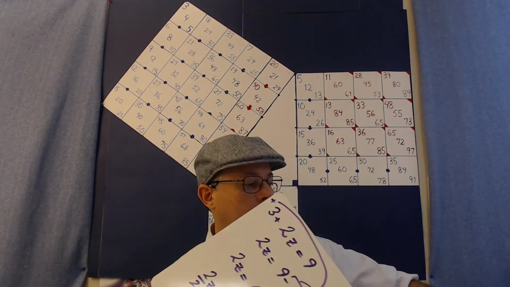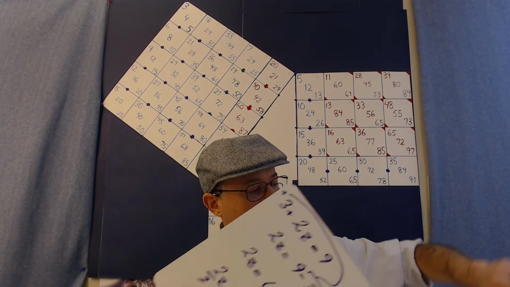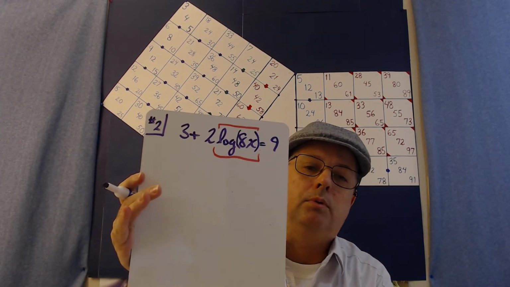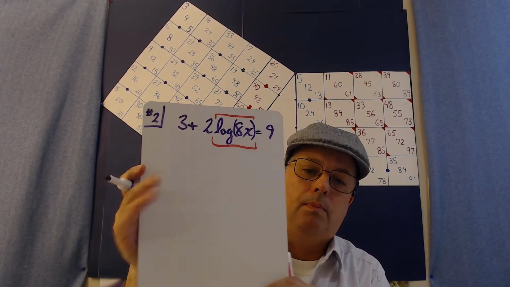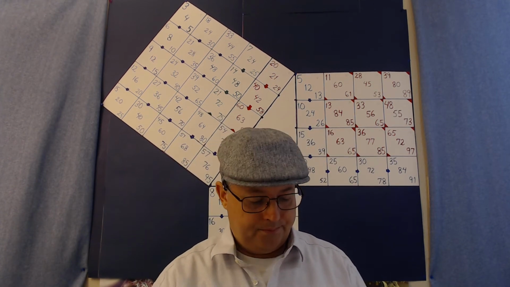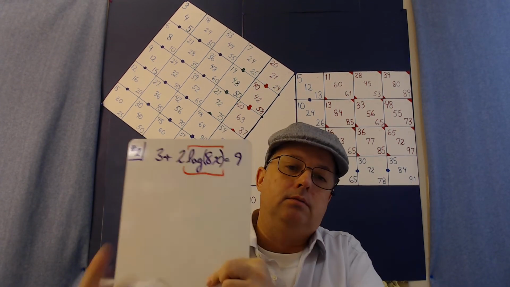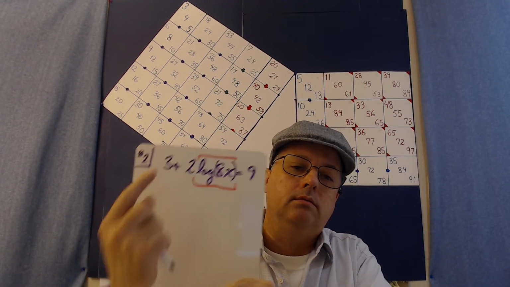Well then let's follow that same approach on the logarithmic equation. So we are going to move this positive 3 to the other side.